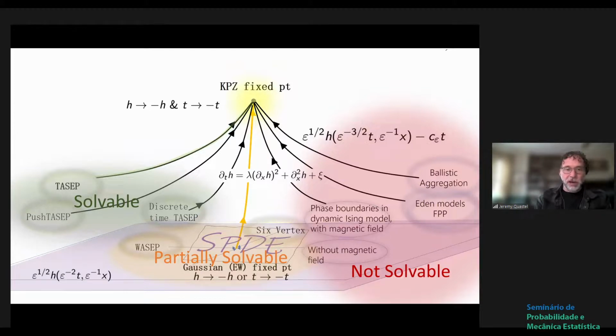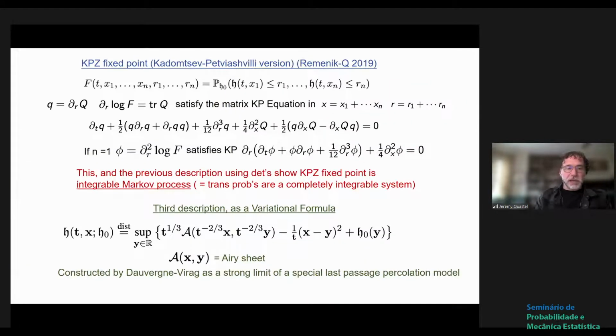We're working very hard to try to give analytic proofs of these KP equations. I have not succeeded yet.